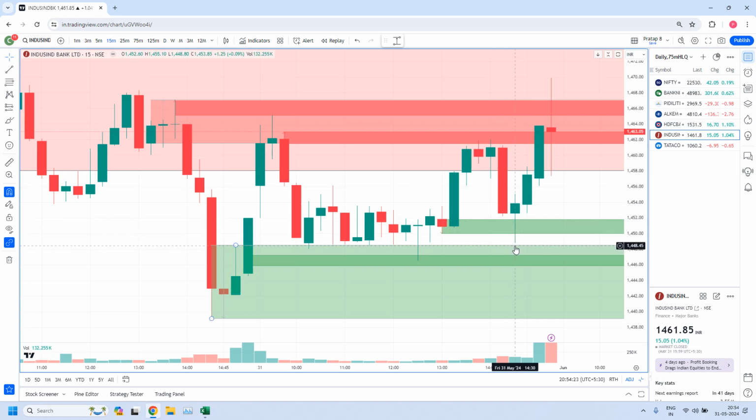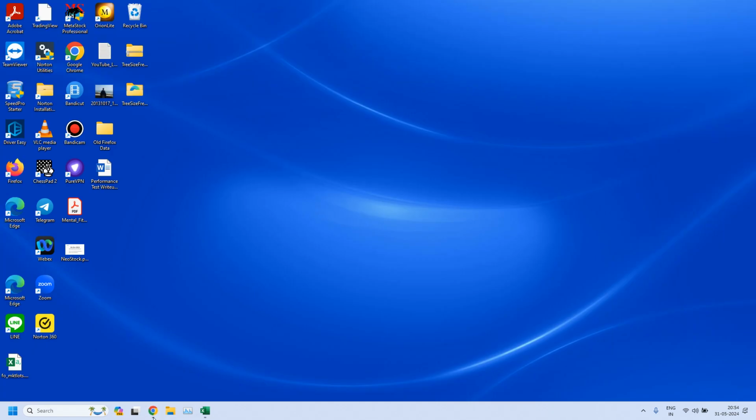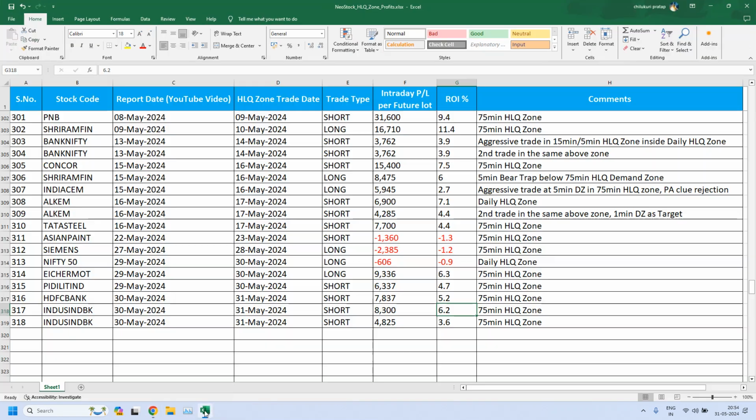Because we are in a sideways trade setup. So only extreme levels we have to take. In-between zones will be violated easily. Okay, fine. So how much profit did we get now? ₹4,825, which is 3.6% ROA.